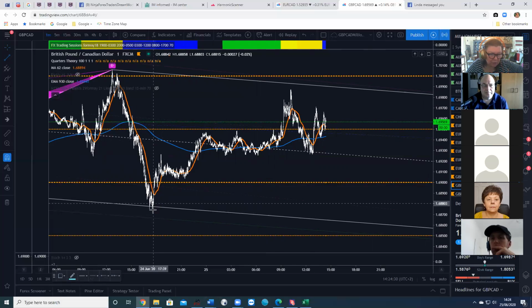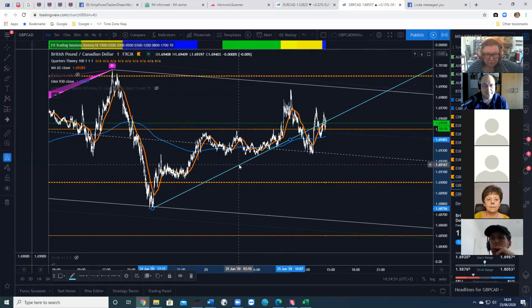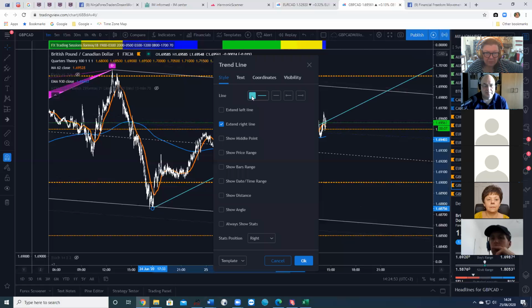Always anchor your trend line on a point, and then you want a minimum of 2 to 3 touches, 3 preferably. So I quite like that there. And then my trend lines are always green, so I need to change the color.